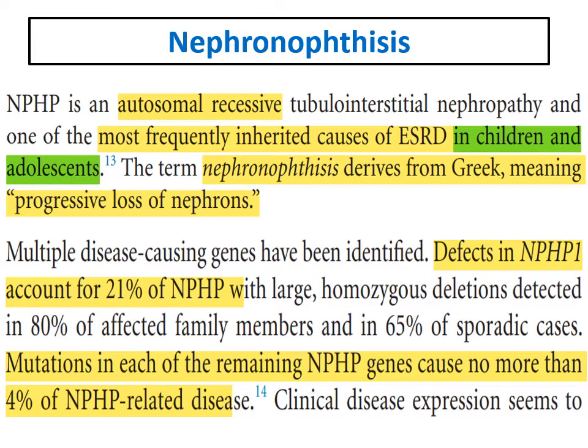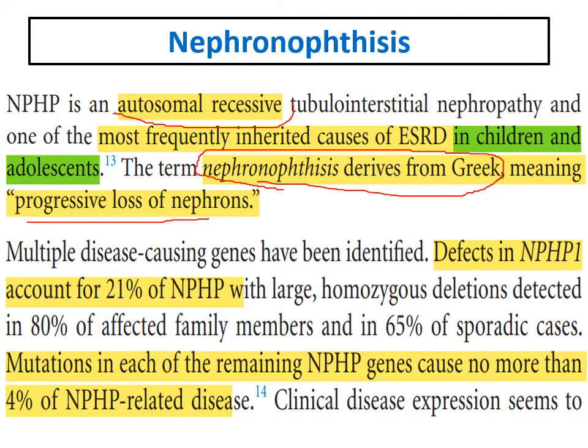Second one is nephronophthisis. Nephronophthisis is derived from the Greek language, meaning progressive loss of nephron. It is usually inherited in an autosomal recessive pattern, characterized by tubulointerstitial nephropathy and tubulointerstitial fibrosis, and it is one of the most common causes of end stage kidney disease in children and adolescents.